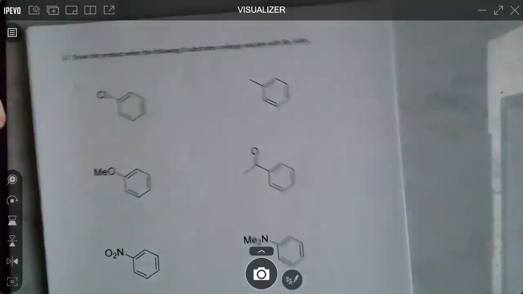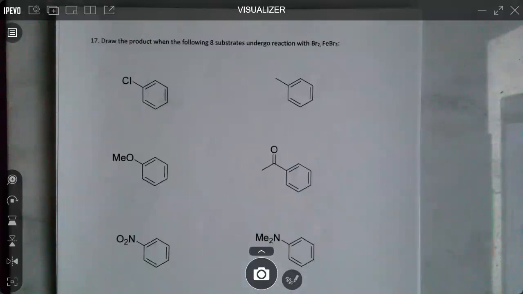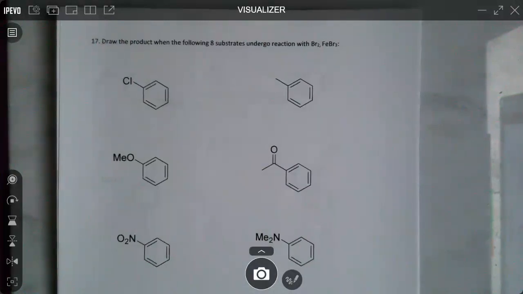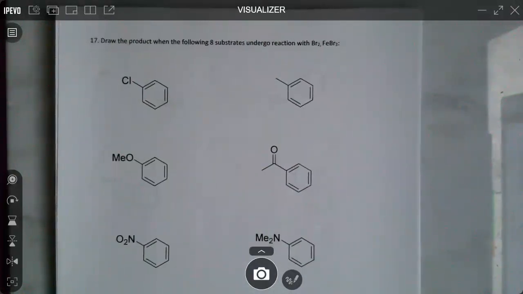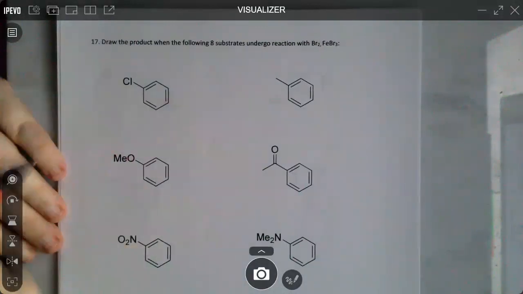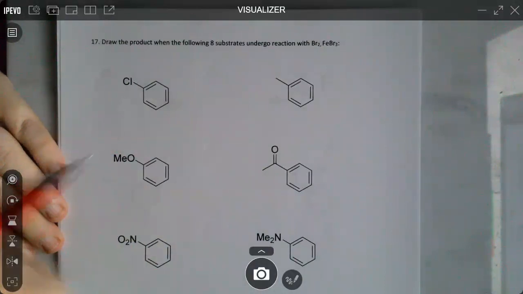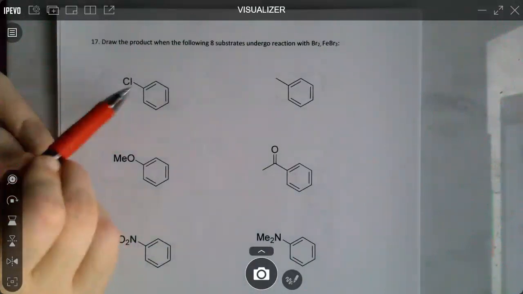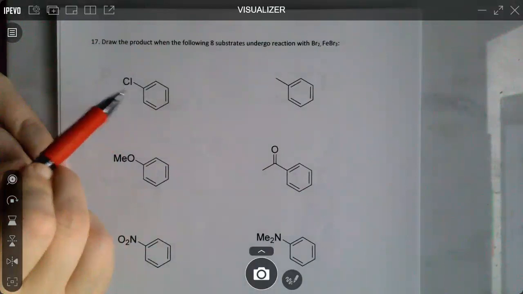Looking at the next question, draw the product when the following 8 substrates undergo reaction with Br2 and FeBr3. Okay, so I'm just going to go ahead and add in the group attached to this substrate as opposed to drawing this out again. So we just need to know where the group is being directed to.